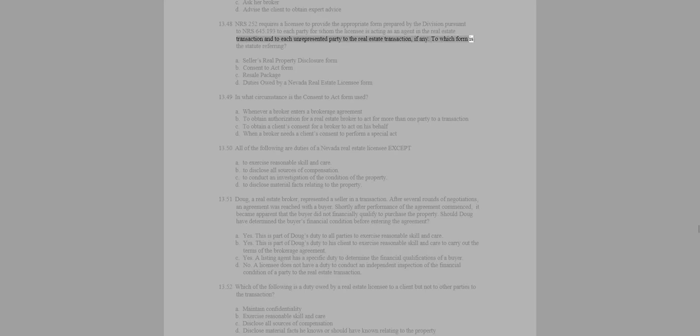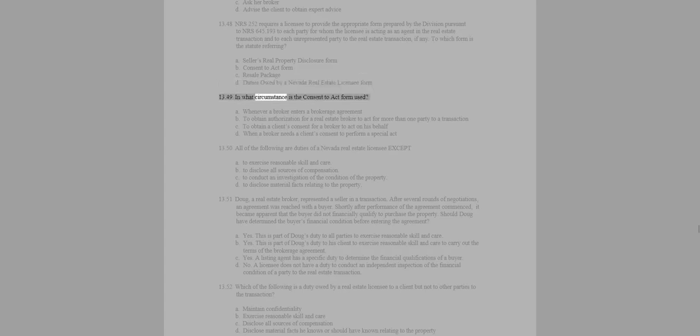To which form is the statute referring? A. Seller's real property disclosure form, B. consent to act form, C. resale package, D. duties owed by a Nevada real estate licensee form.